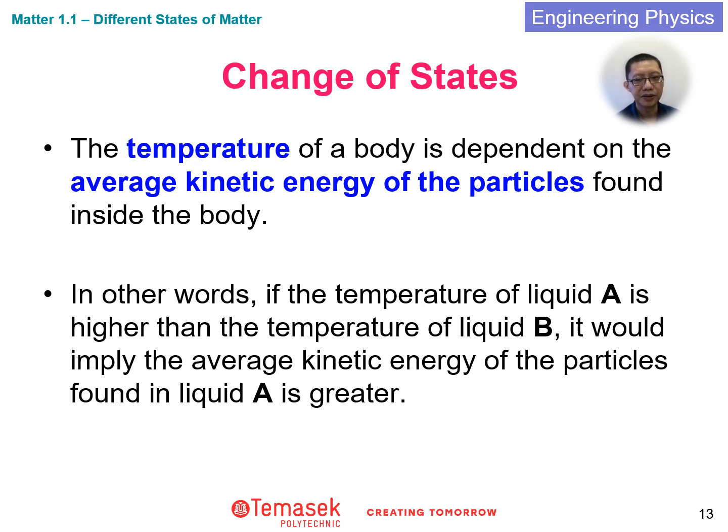For example, if liquid A has a higher temperature than liquid B, it means that, on average, the particles in liquid A have more kinetic energy than those in liquid B. This concept is fundamental in understanding how temperature reflects the movement and energy of particles in different states of matter.